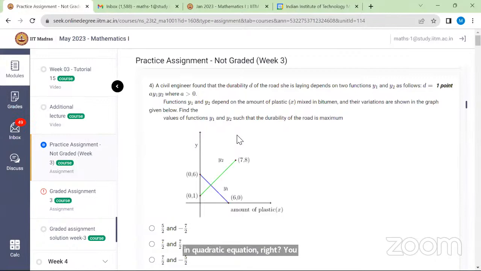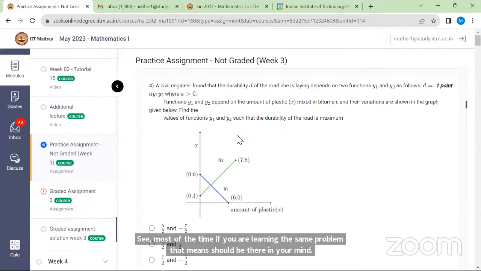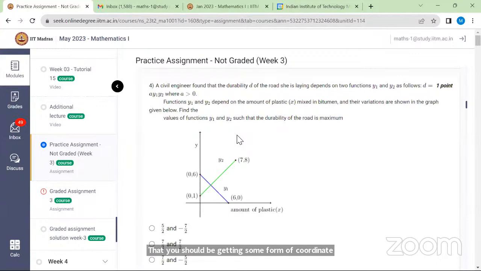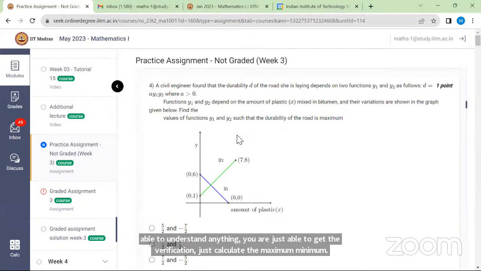Most of the time, if you get this type of problem, keep in mind that you should get some form of quadratic equation, because they have made the equations in such a way that in the end you get a quadratic equation and then you have to maximize. Basically, you have to get the vertex. If you are not able to understand anything, just get the quadratic equation and calculate the maximum or minimum. Most of the questions will be like this.